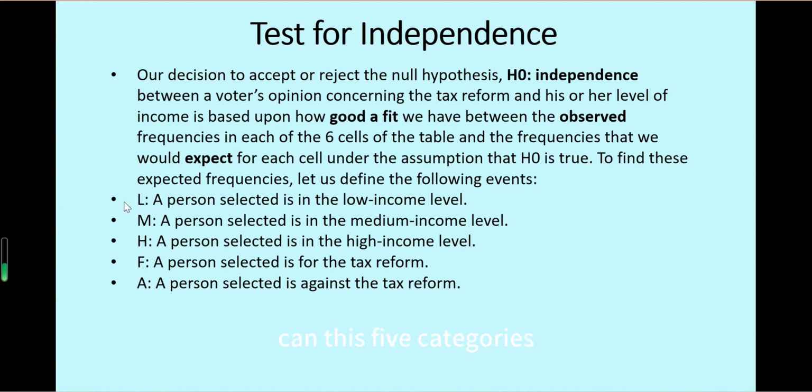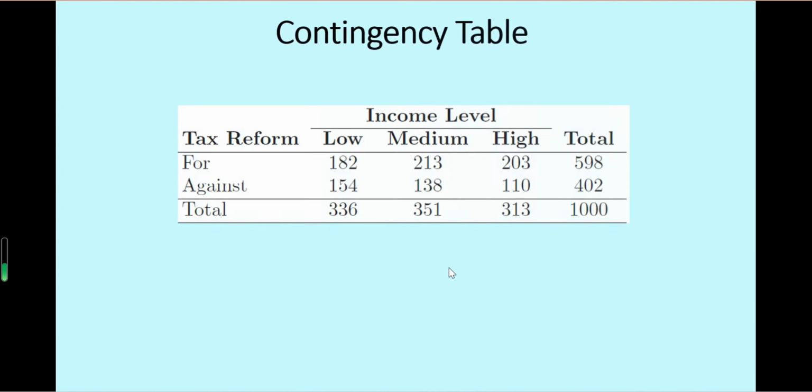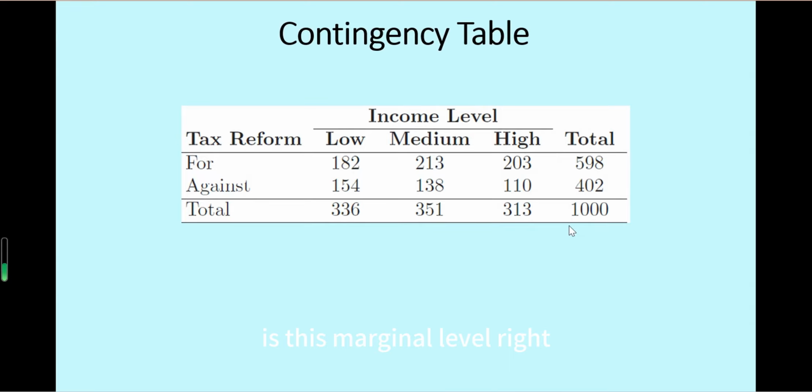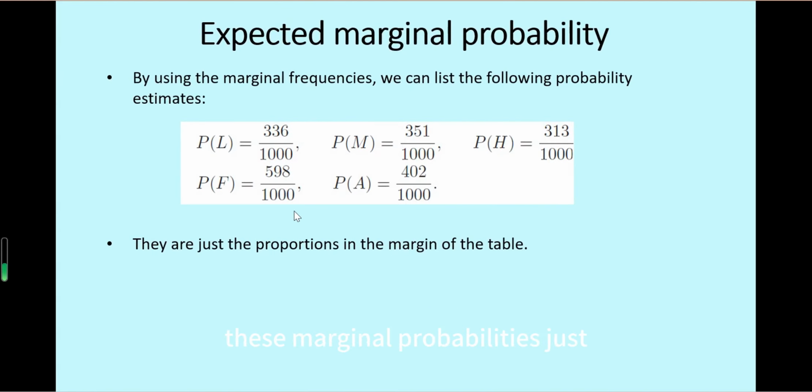And these five categories, each is a marginal level, right? So we can get these marginal probabilities just using the marginal number divided by the total counts. So this is the expected marginal proportions if the null hypothesis is true, if there is independence between the two variables. So these are marginal probabilities.